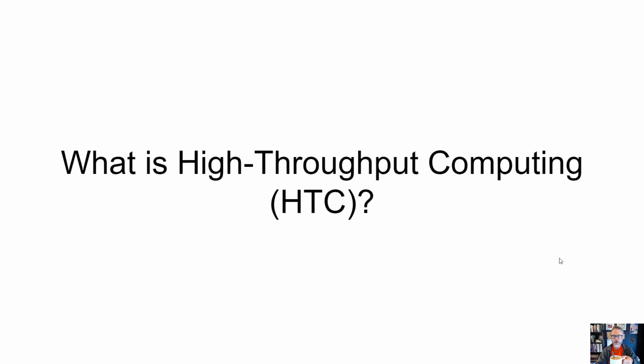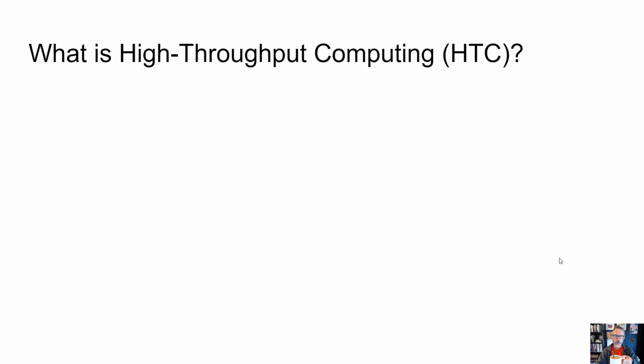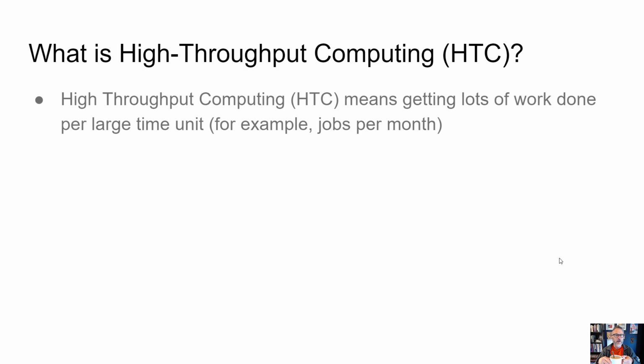So what is it? What is high throughput computing? Well, HTC means getting lots of things done per time unit. So in other words, making 1,000 different jobs run over the span of a couple weeks, or 100 jobs in a day, or something like that.